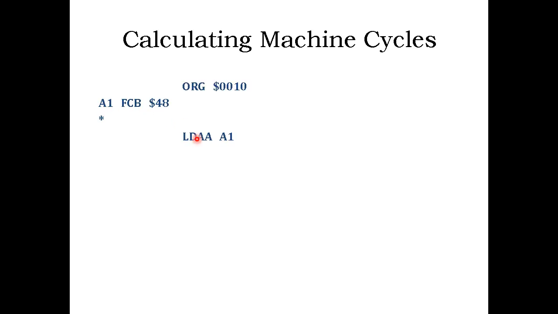Now, if I go to my next line here, can anyone tell me what is the addressing mode of this line? It's actually hard to tell if you don't know what A1 is. Now, think about the A1. This A1 will actually be replaced by the address of A1. Now, what is the address of A1? 0010, right? Which is actually just 10.